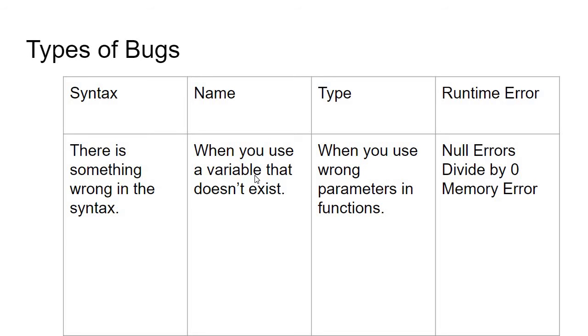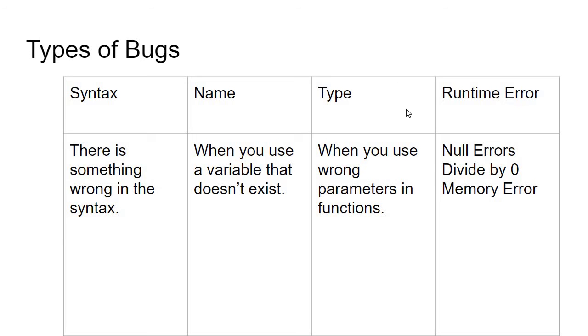Name. This is when you use a variable or function or anything else that does not exist. For example, you're using a function, say print, but you use printay instead, like we used printay. It won't work. It would say name error. And then type, when you use wrong parameters in functions.